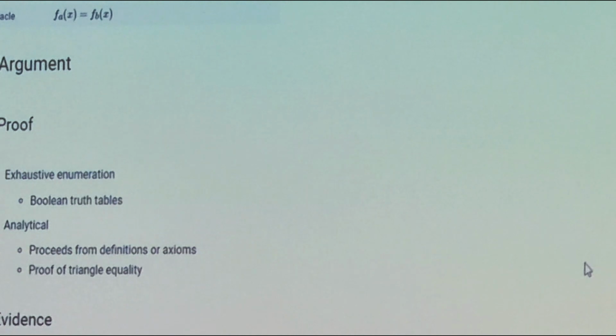Proof is like a gold standard. It is the gold standard, right? Because proof tells you, no, this is true, it's true for everything, done, we're happy, go home, right? That's proof. And with proof, you have a few different ways of doing it. If you're dealing with Booleans, you can use truth tables. The nice thing about Boolean values is that you only have true or false, or 0 or 1.